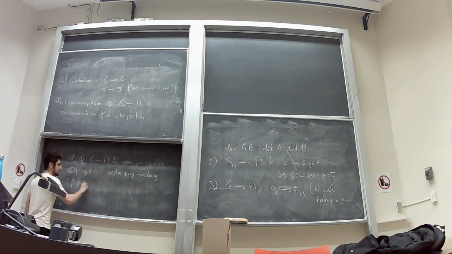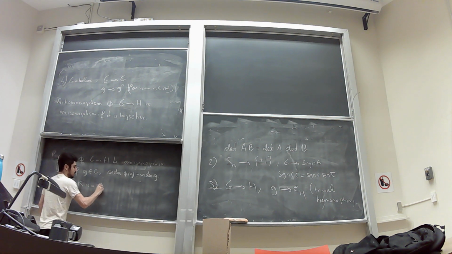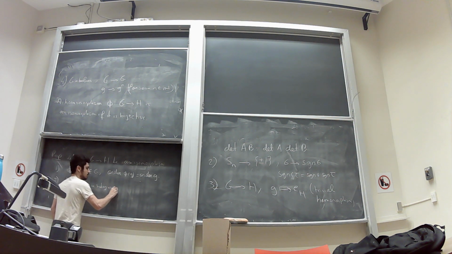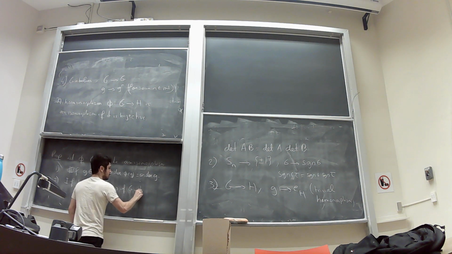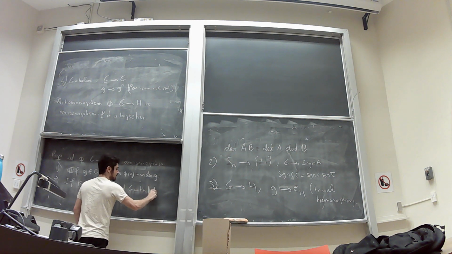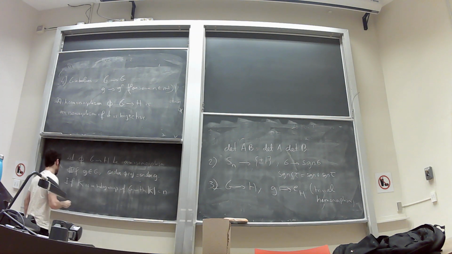If K is a subgroup of G with size n, then phi of K is a subgroup of H, where the size of phi of K is n. I will not prove these; these are more exercises that you can do, but we'll just use them.